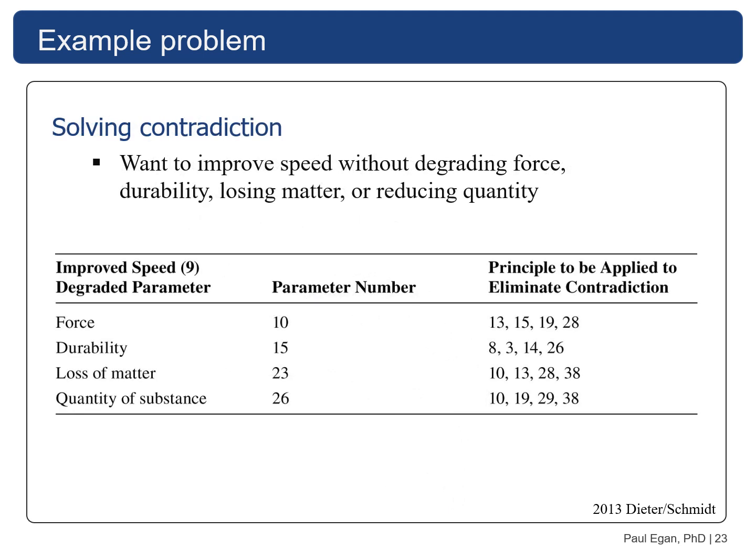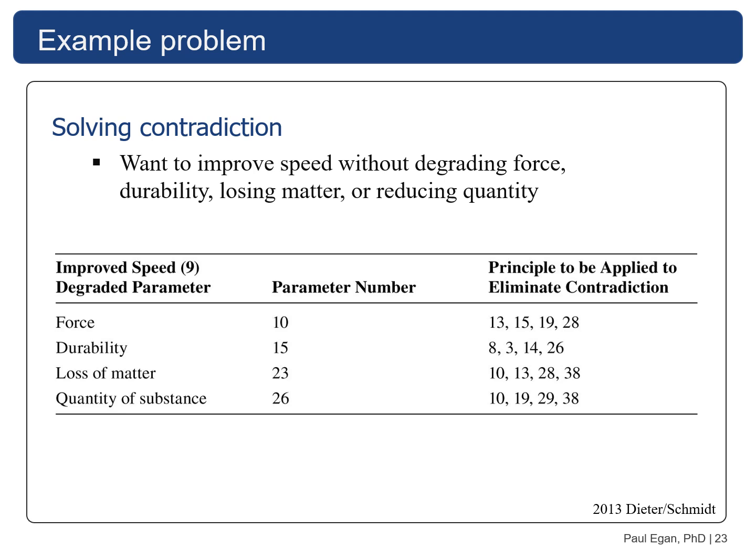And so solving the contradiction, we want to improve speed without degrading force, durability, losing matter, or reducing quantity. And so improve speed 9 is the first part of our contradiction. And then we don't want to worsen force, durability, loss of matter, or quantity of substance, which all map to different TRIZ contradictions.